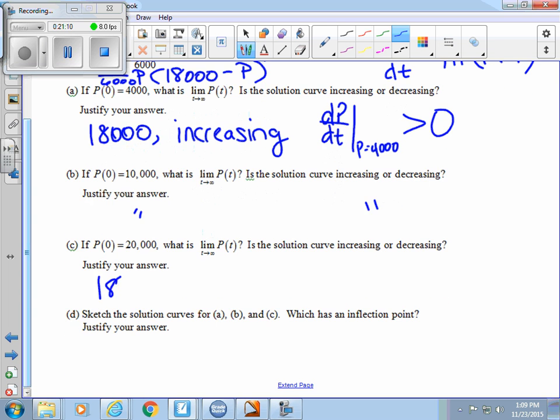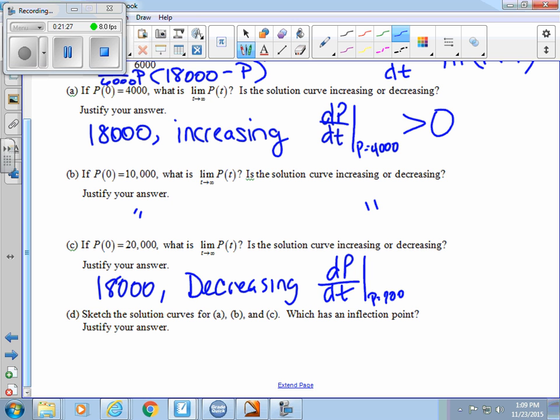Still 18,000. I'm still going to level off to 18,000 no matter what. But my function is now decreasing because the derivative at P equals 20,000 is negative.